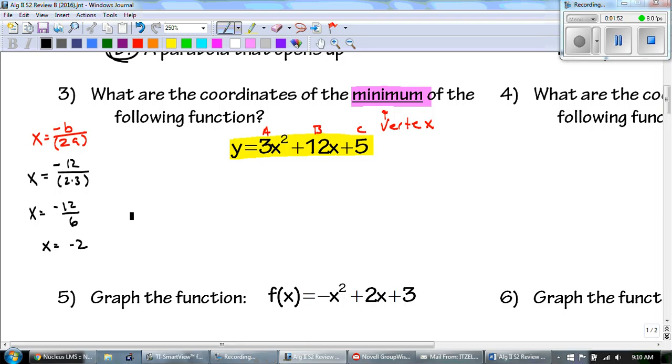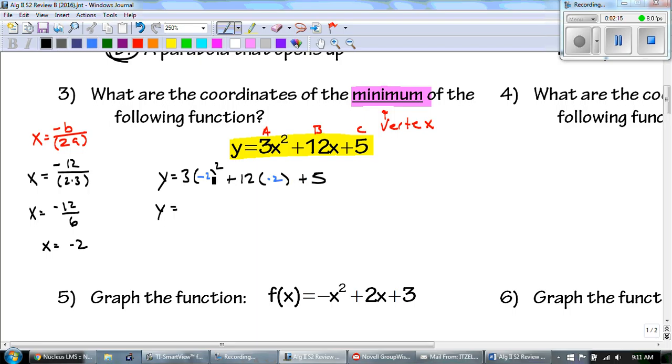Now I'm not done because that's just my x. I need to find the y. So to find the y, we plug in what we just found out for x. Sorry, that's supposed to be a plus sign. There we go. So we're plugging in that negative 2 and then solving.